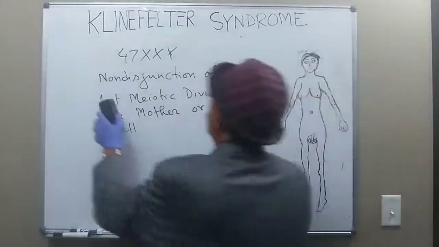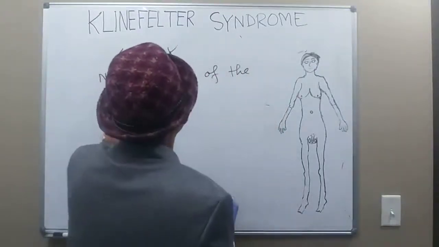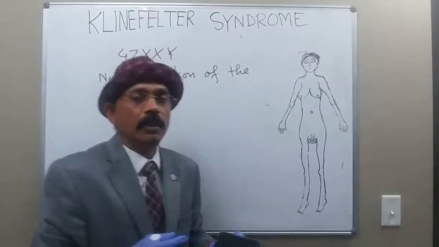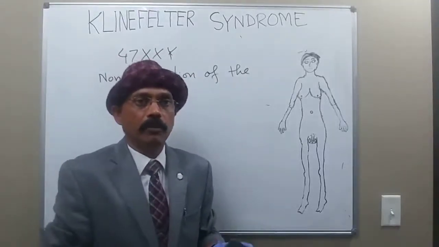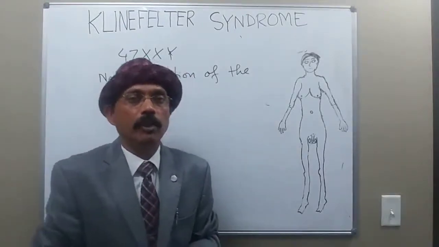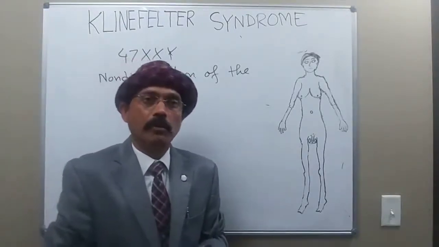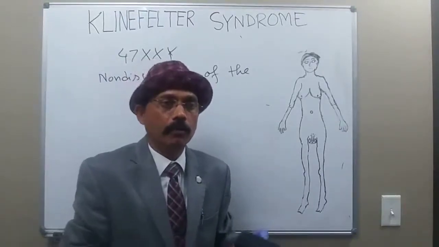Whatever may be the reason, whether it is from the non-disjunction of the father or the mother, the phenotype will be defective. There is no distinct difference between the phenotype due to the maternal meiotic fault or the paternal meiotic fault.